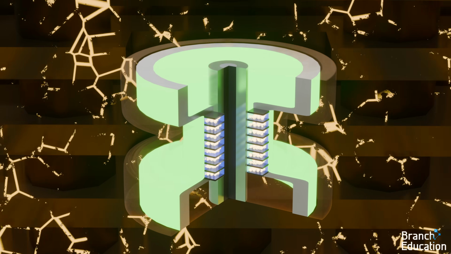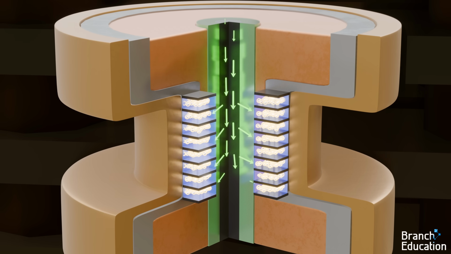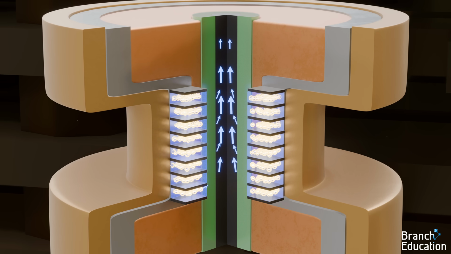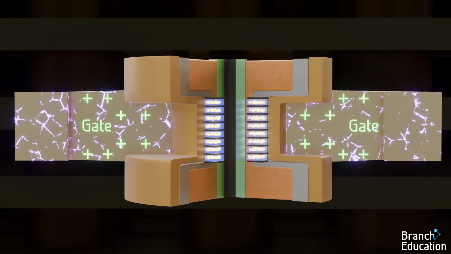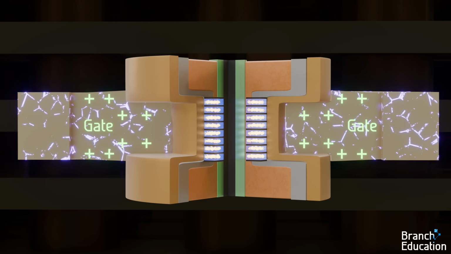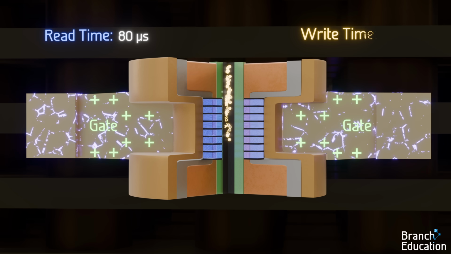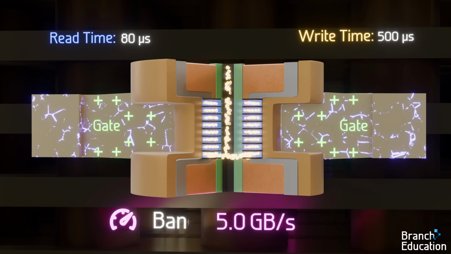The trade-off is that, due to the lack of a direct electrical connection, writing or moving electrons into the charge trap and reading or measuring the stored charge requires applying a complex sequence of voltage steps that take dozens of microseconds to complete, resulting in a read time of around 80 microseconds, a write time closer to 500 microseconds, and 5 gigabytes per second of bandwidth.